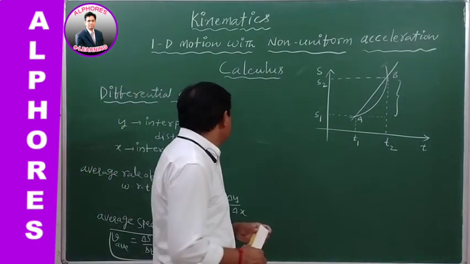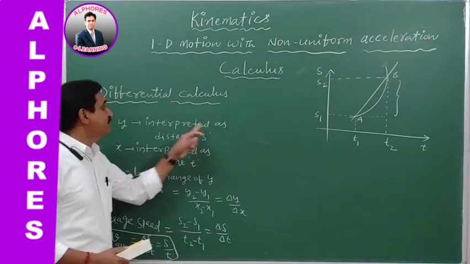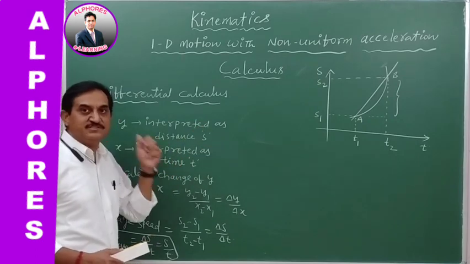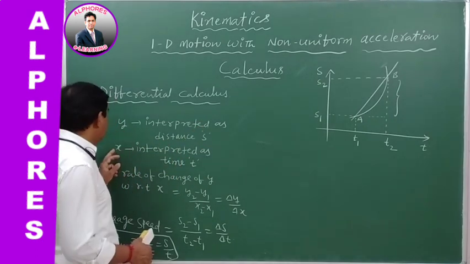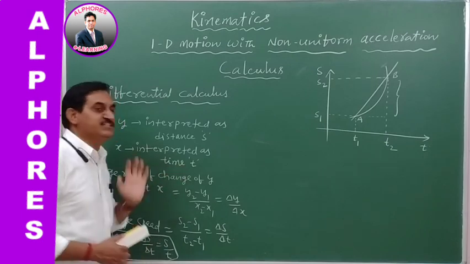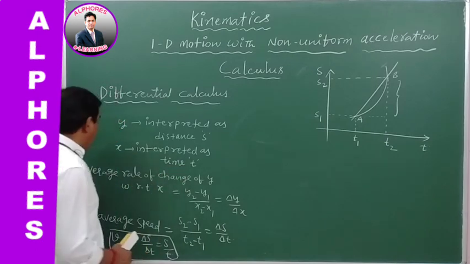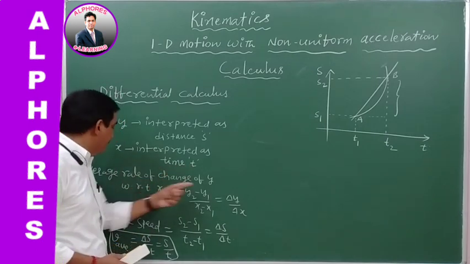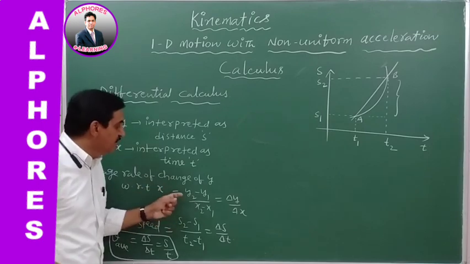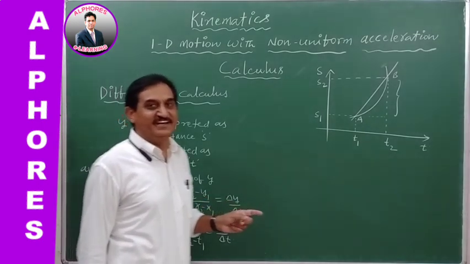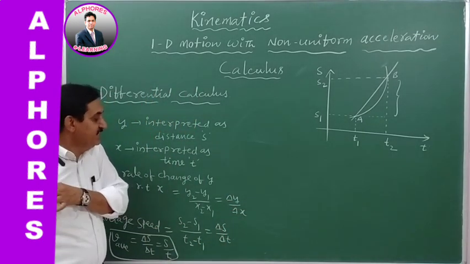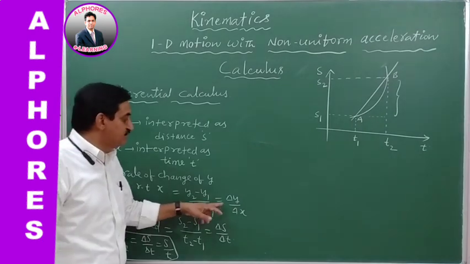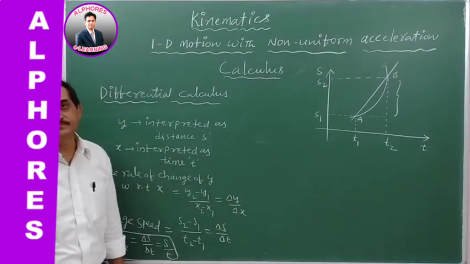Let us see. So in this case, y is interpreted as a distance s, and x is interpreted as time t. Now, average rate of change of y with respect to x, we know this: y2 minus y1 by x2 minus x1, which leads to delta y by delta x.